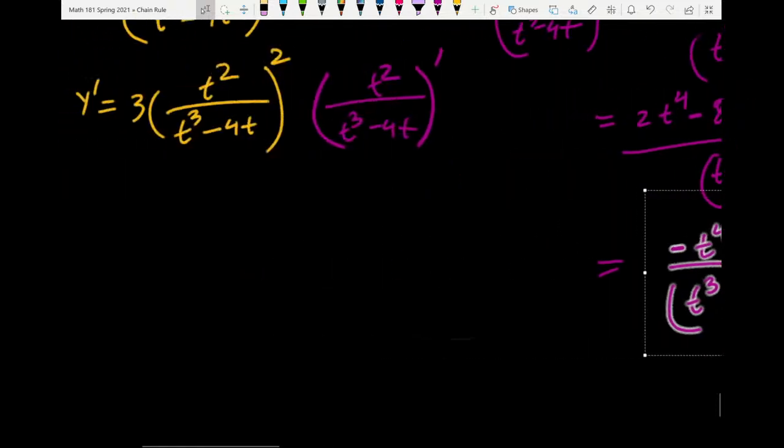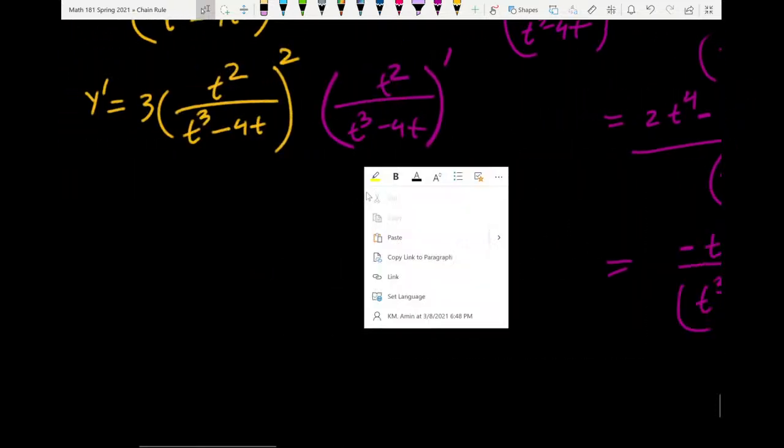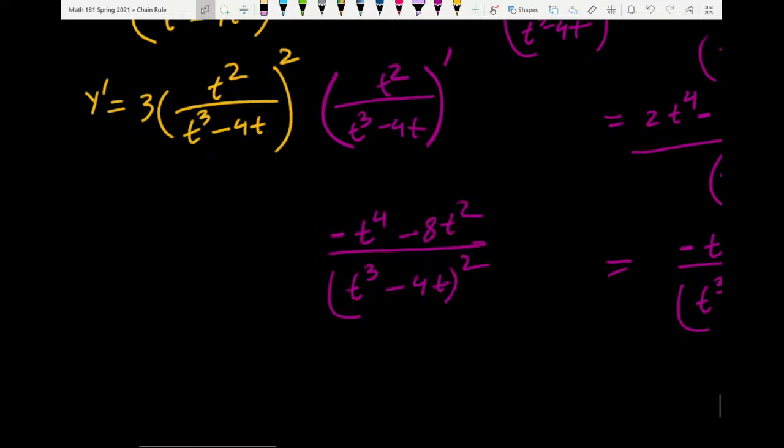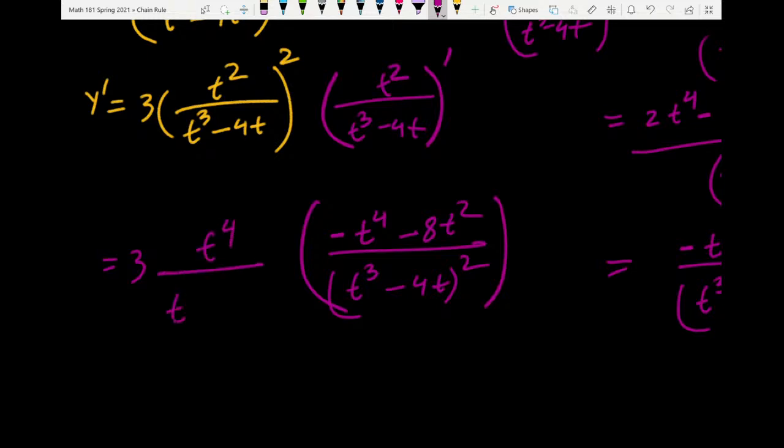I don't need to write it again. I could just paste that. Wait, what's missing? And then 3t to the fourth over t cubed minus 4t, squared.